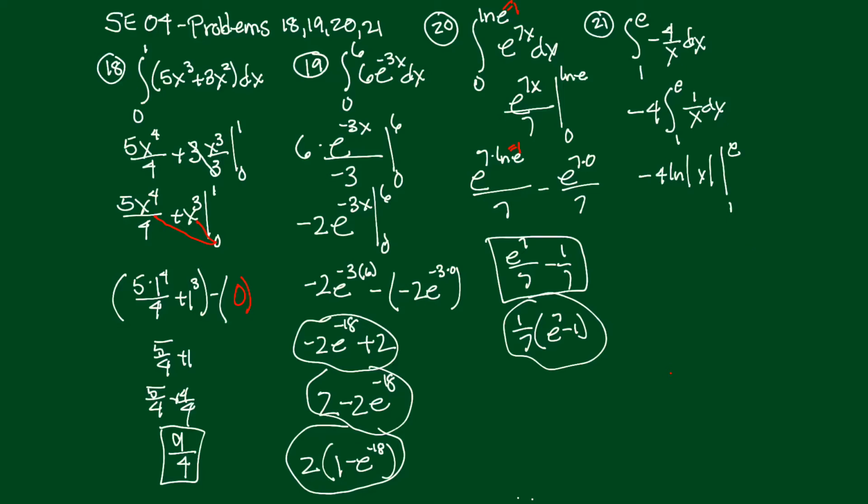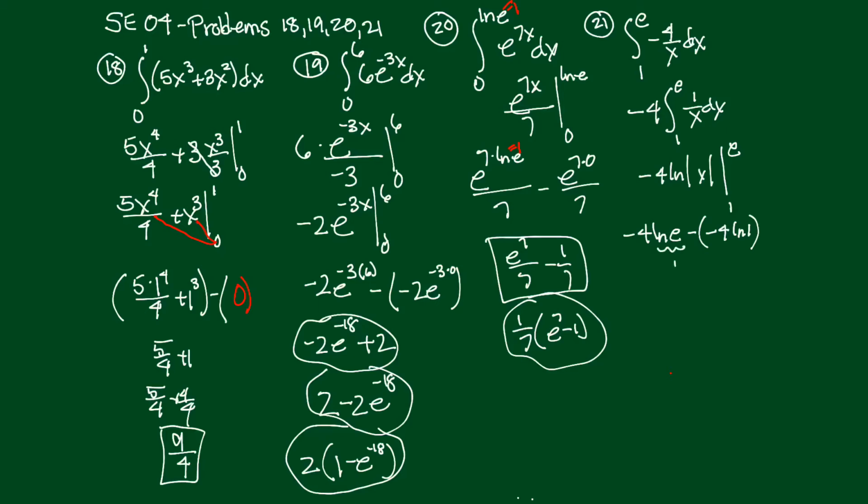But look, this is an absolute value. These are positive numbers, so I don't really need the absolute value. If I put positive numbers in here, the absolute value of a positive number is just that number itself. So we're going to get negative 4 natural log of, put in the upper limit, e, minus, now, be careful with the minuses, minus 4 natural log of 1.